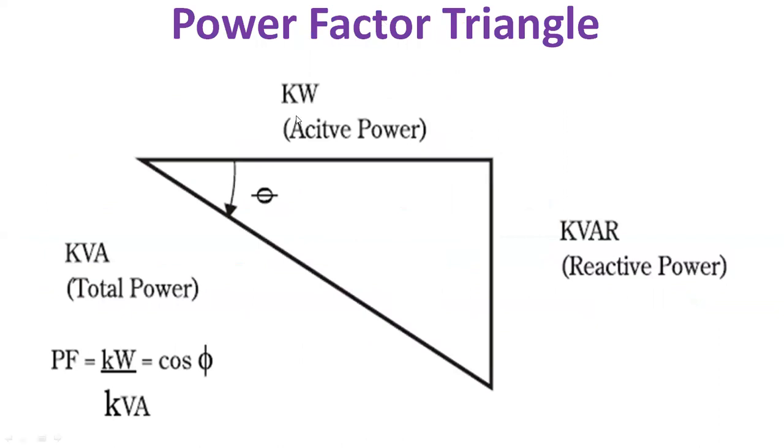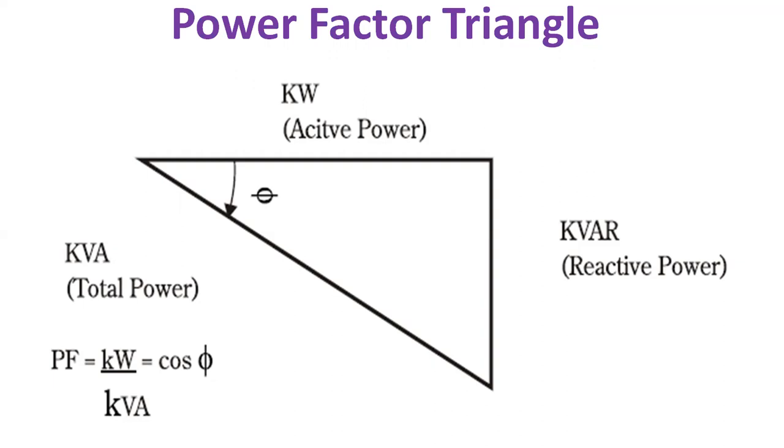We have the kilowatt as active power, then kVA as total power, whereas PF is equal to kilowatt by kVA, that is the cos phi, and kVAR is the reactive power that we have on this side. The active power, which we normally call the shaft power or true power required in kilowatt, and the reactive power required in kVAR are 90 degrees apart vectorially in a pure inductive circuit.